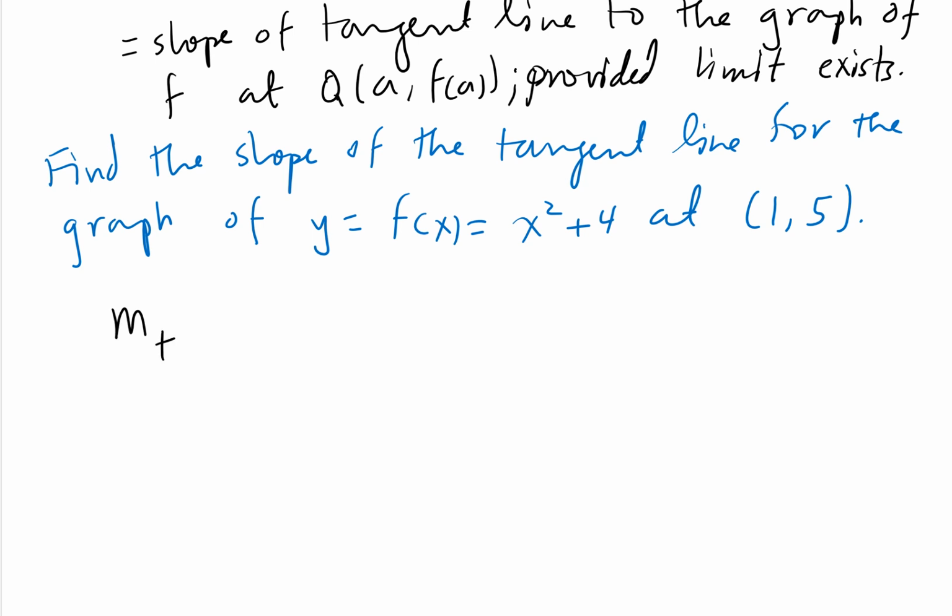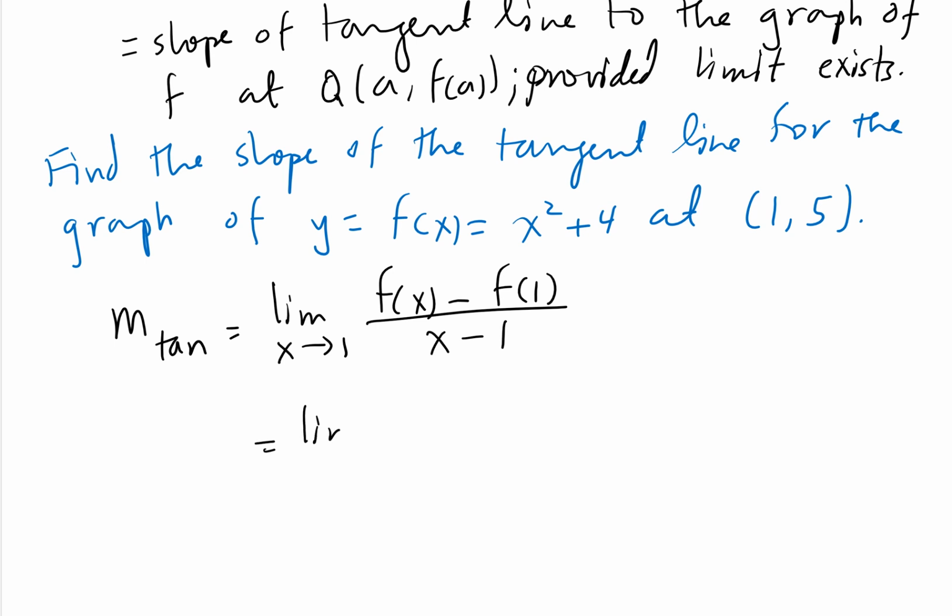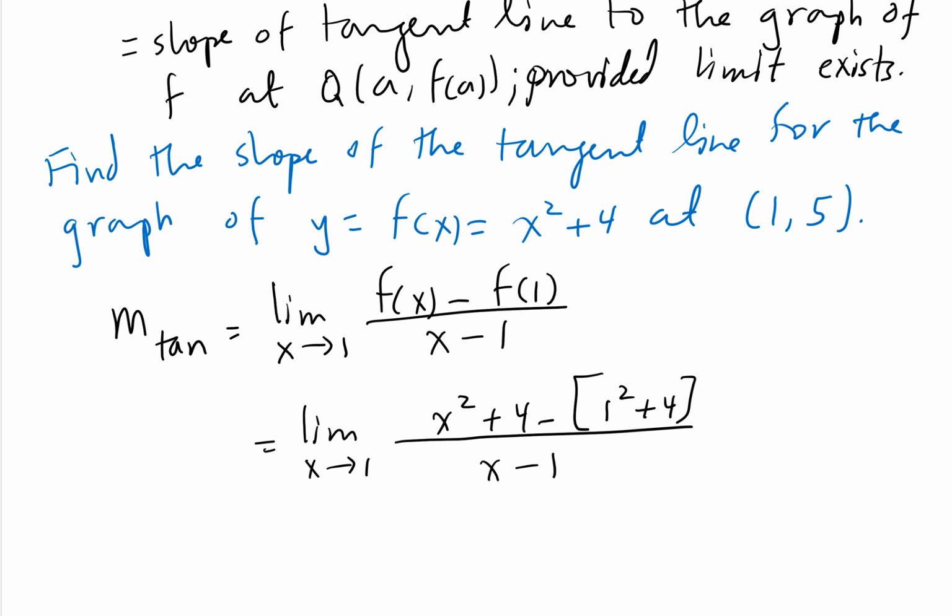So the slope of the tangent line is the limit as x approaches 1 of f of x minus f of a, which is 1, over x minus 1. f of x is x squared plus 4 minus f of 1, which is 1 squared plus 4, over x minus 1.